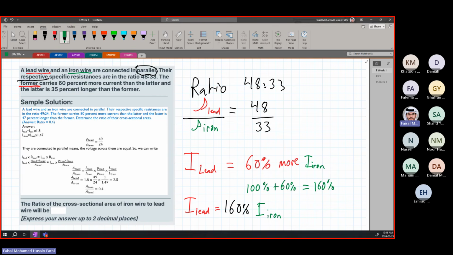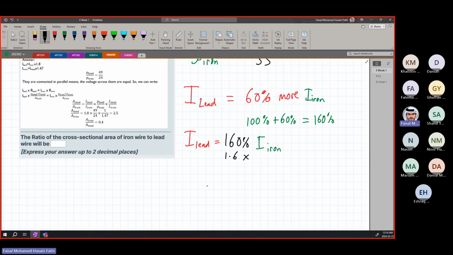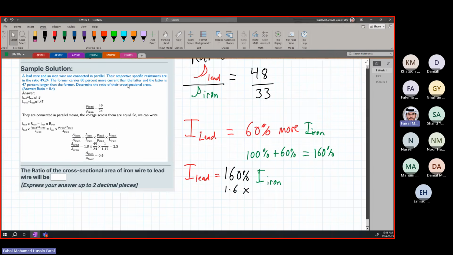In other words, 160% means 1.6 times I of iron. Okay? Because percent is just divided by 100. So we know that I of lead is equal to 1.6 times the current of iron.